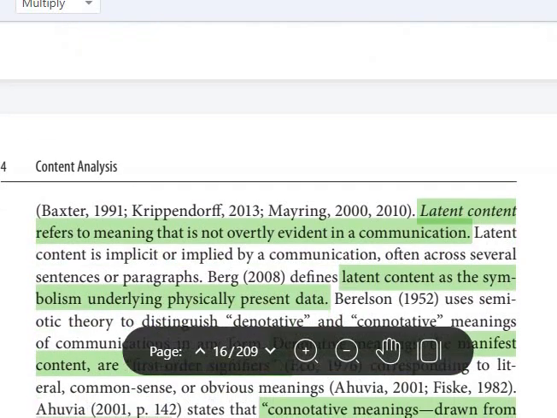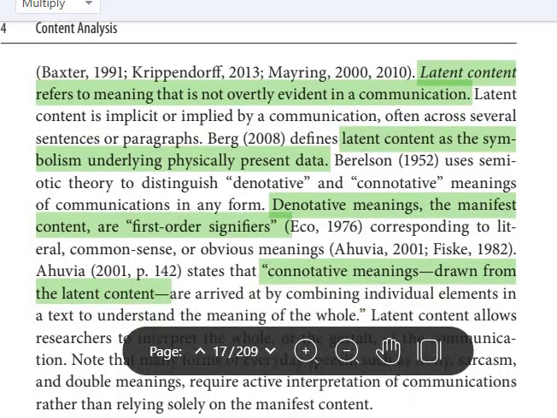It is so important for the interpretive analysis here is the latent content. What do we mean by latent content analysis? Anything that is latent means that it is implied. It is not overt. It is not manifest. It is not apparent. So the latent content refers to meaning that is not overtly evident in a communication. Latent content is implicit. It is hidden.